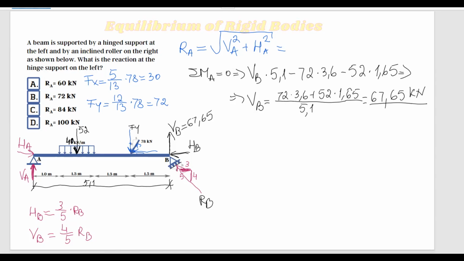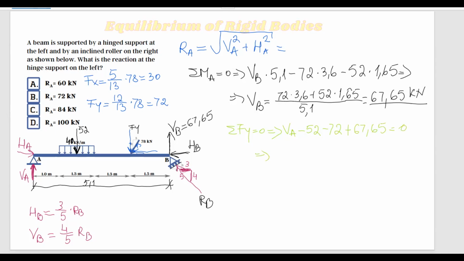And now we can calculate VA. If we do the sum of forces in the y direction equals 0, we can calculate VA. We have VA, positive going upwards, minus 52, minus Fy, which is 72, plus VB, which we just calculated, 67.65, equals 0.